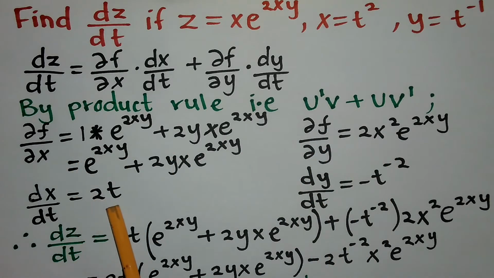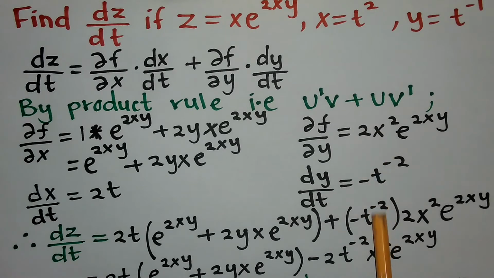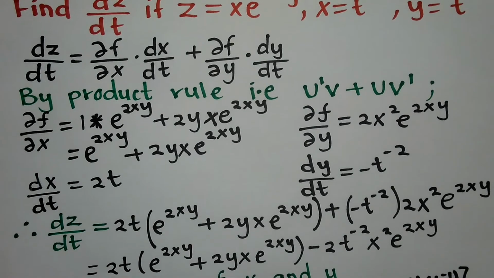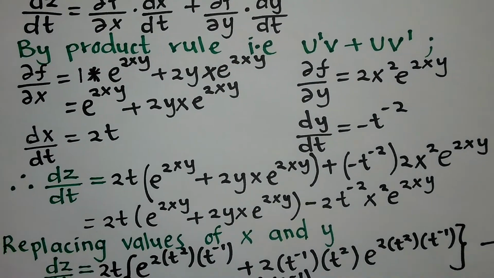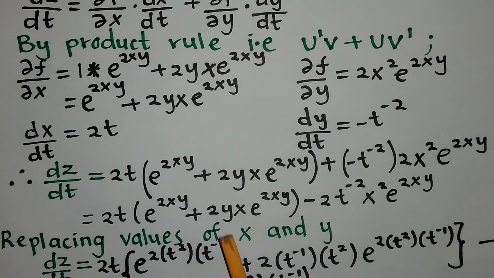So that means my dz over dt will be equivalent to df over dx by dx over dt. If I multiply this with this, I'm going to get this. If I multiply this with this, I'm going to get this. So that has been simplified further, so that we have 2t exponential xy plus 2yx exponential 2xy.